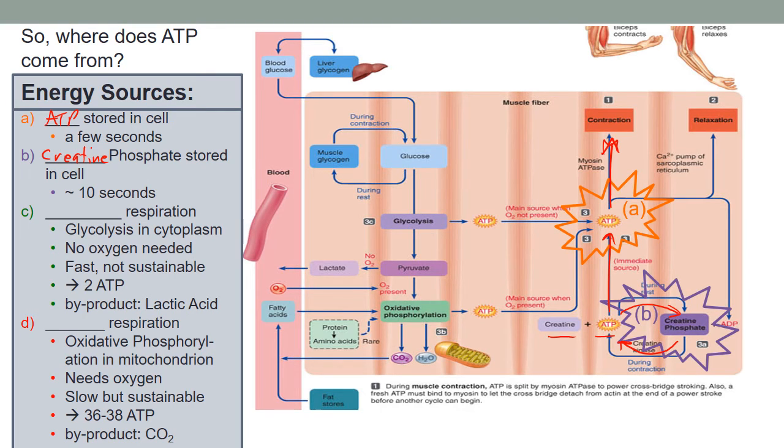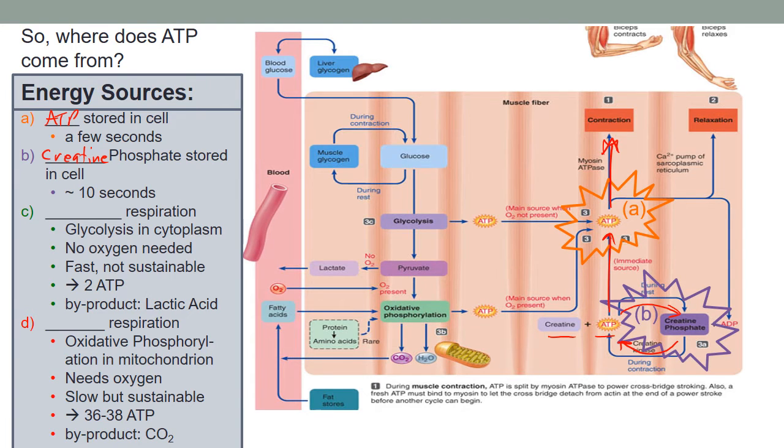So creatine phosphate, I've seen different numbers for this, but the general idea is you get about 10 seconds of strong muscle contraction out of your creatine phosphate storage. So again, if you're doing something like lifting a weight where it's up and then down in 10 seconds, that's maybe good enough. Or if you're on the basketball court and you need just enough energy to make a good jump shot, again, 10 seconds might be enough.